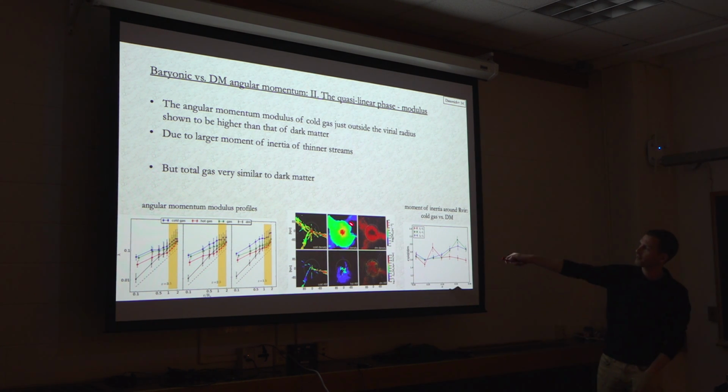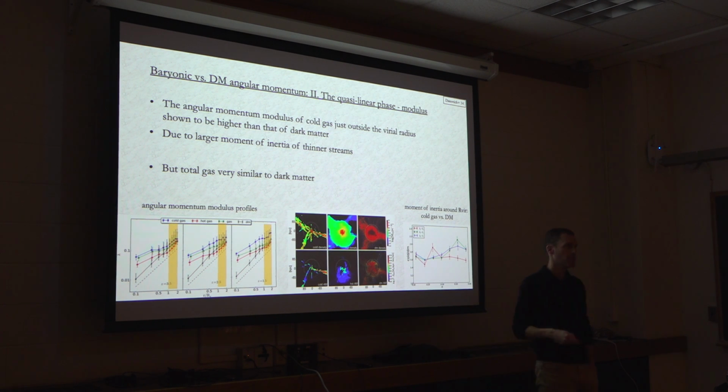And hot gas is distributed with an even lower moment of inertia. And so they argued that the larger moment of inertia due to this thinness of the gas streams versus dark matter accounts for higher angular momentum at accretion.